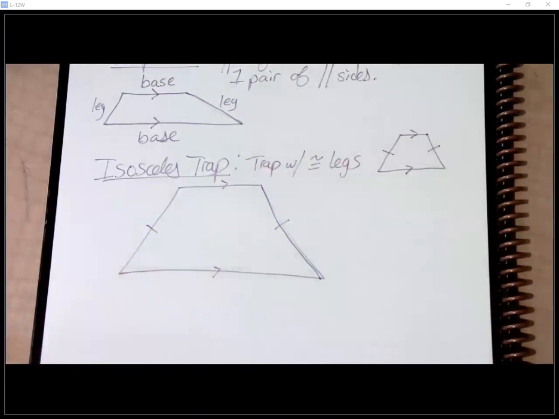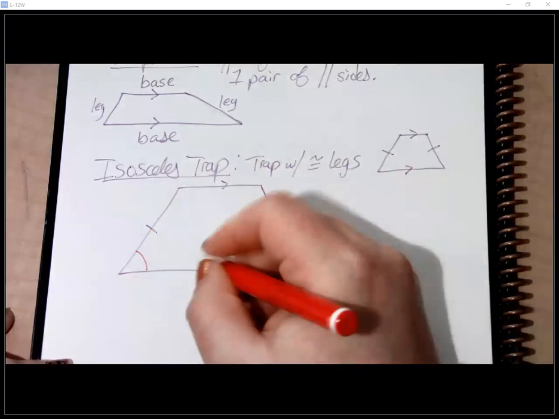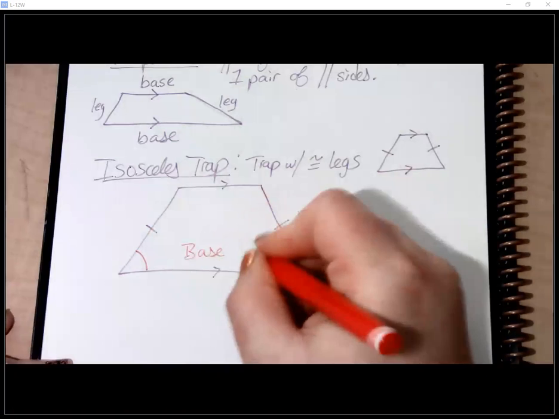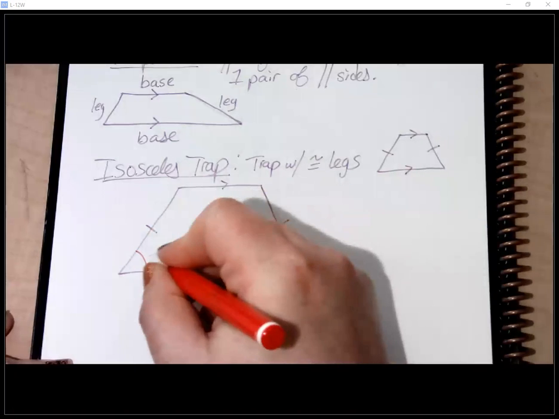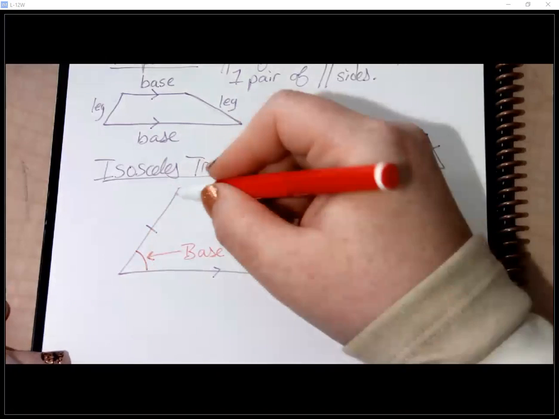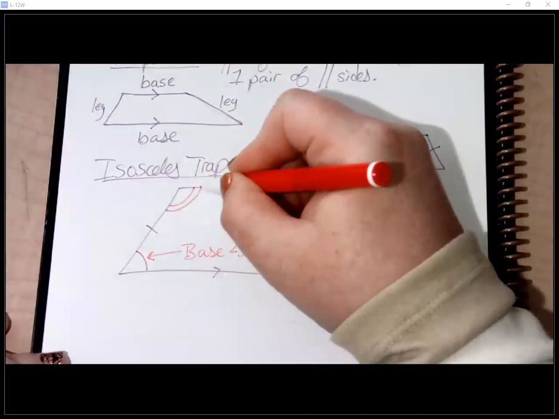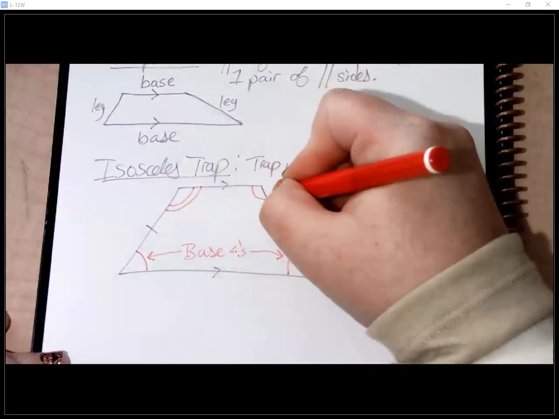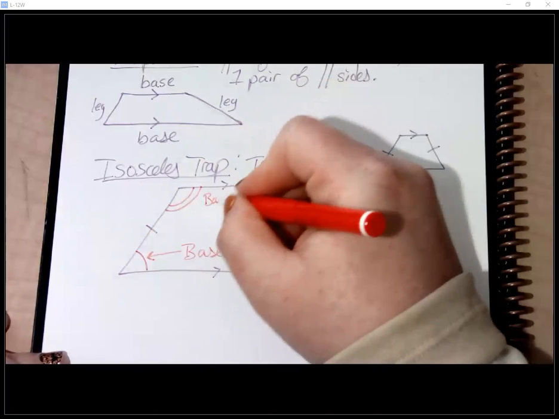But here's the difference. Now you have 2 sets of base angles because you have 2 bases, don't you? So you have one pair of base angles down here that will be congruent. But then, this is where it gets wild. You have another pair up here that are going to be equal to each other. All four are not equal, but you have these two sets.